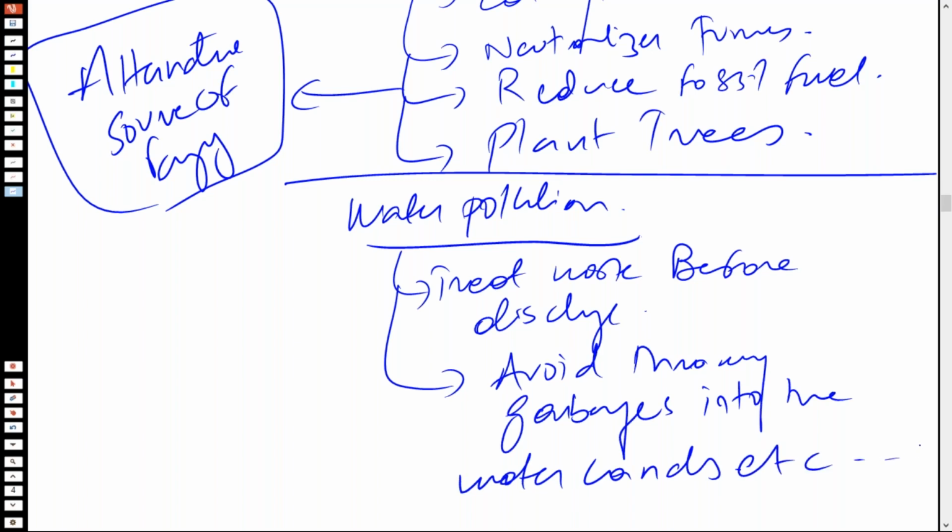When we talk about the concept of water pollution, you need to make sure you avoid this, that you don't make a mess of the water, right? You don't make a mess of the water. That is something that you try to do.